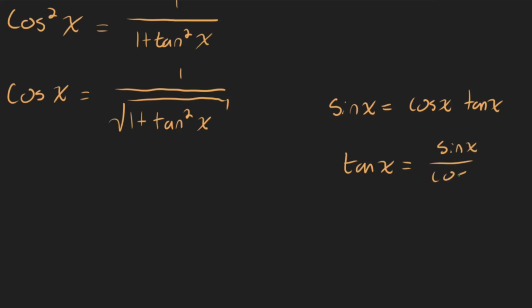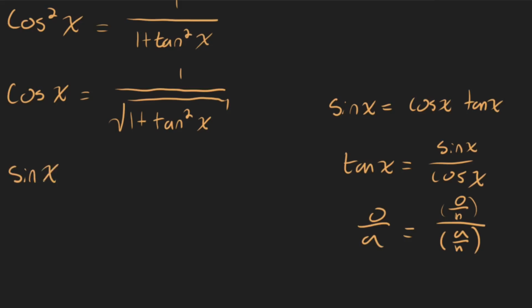So if you multiply across by the cosine, the reason this works goes all the way back to opposite and adjacent. This is opposite over adjacent, and this is opposite over hypotenuse over quantity adjacent over hypotenuse, so our hypotenuses cancel. Going back here, this means the sine of x is going to equal the tangent of x divided by the square root of 1 plus tangent squared of x.